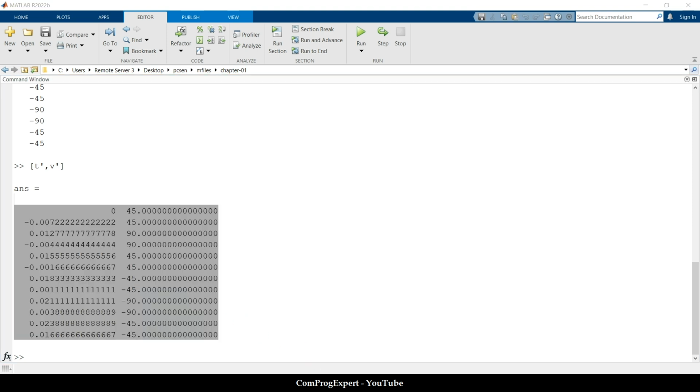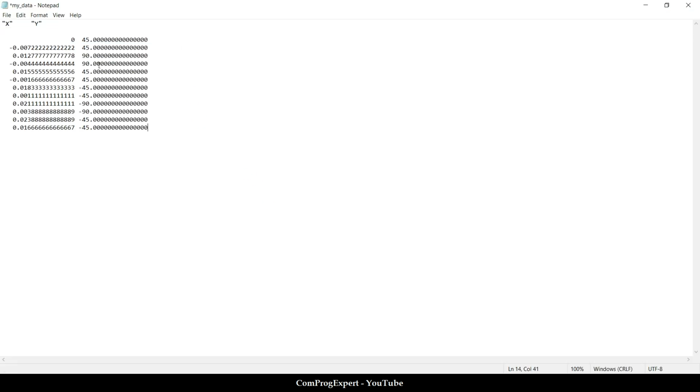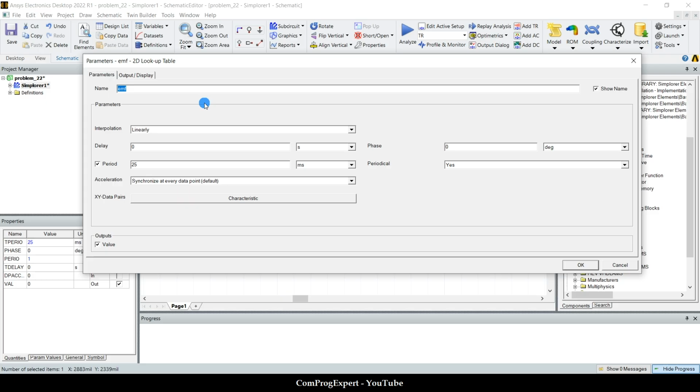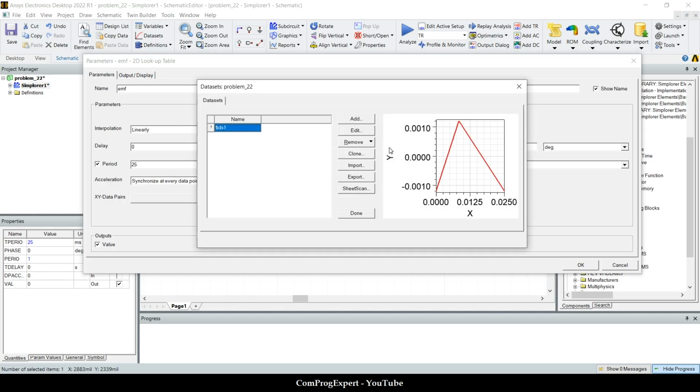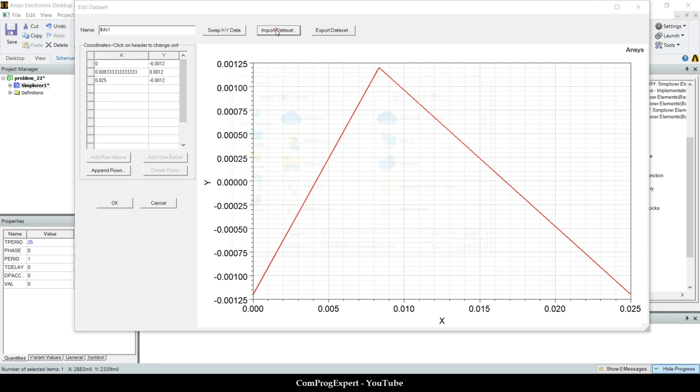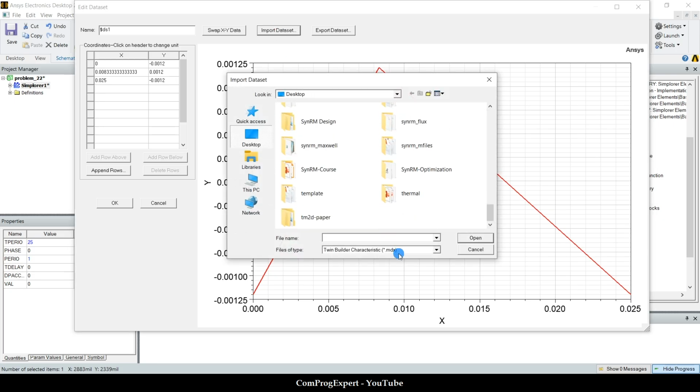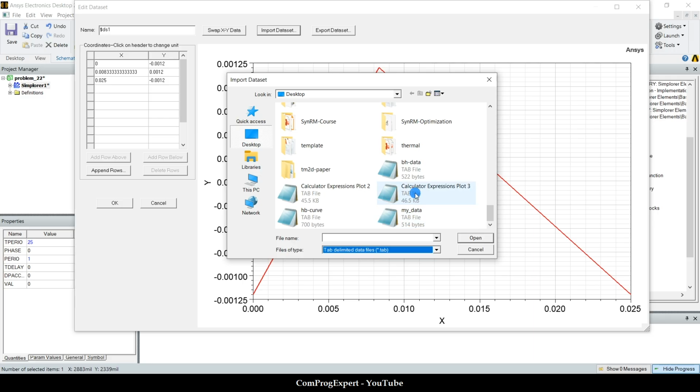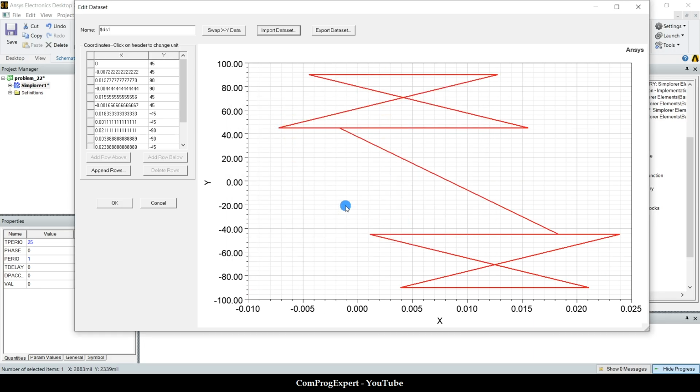Let's copy and paste them in this notepad. Then let's check: can we import this data set here for this function? Import the tab file, my data.